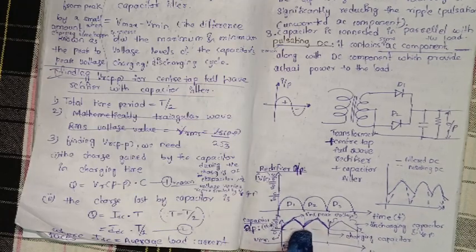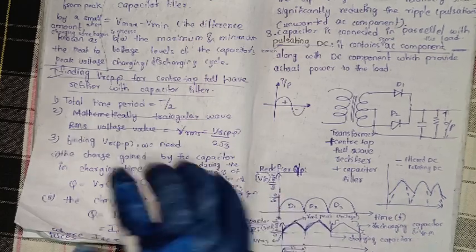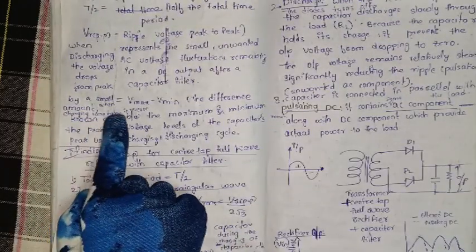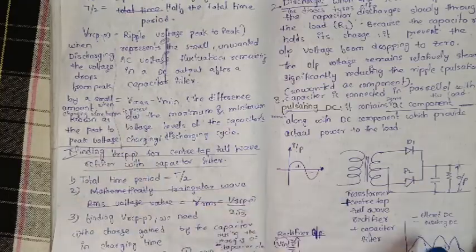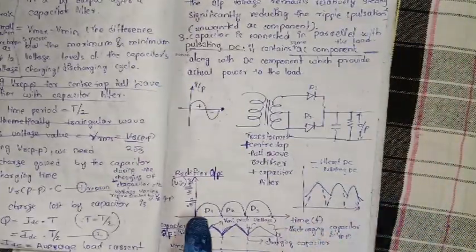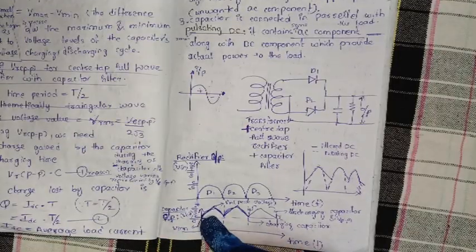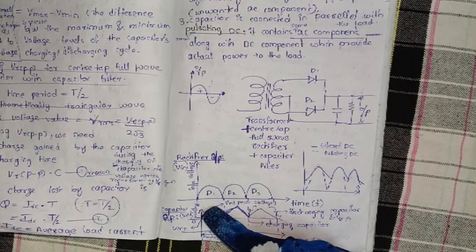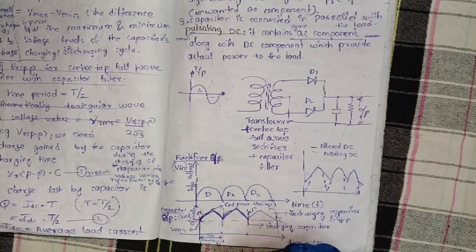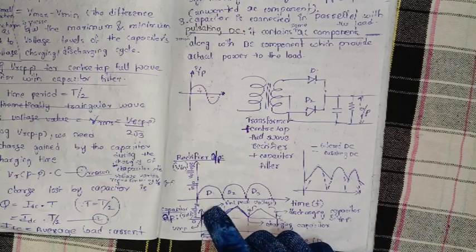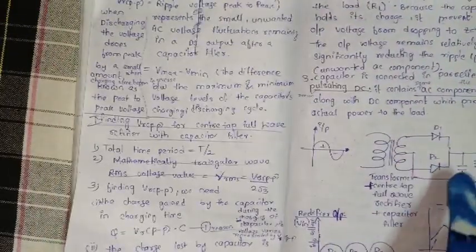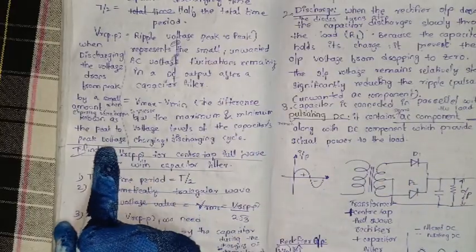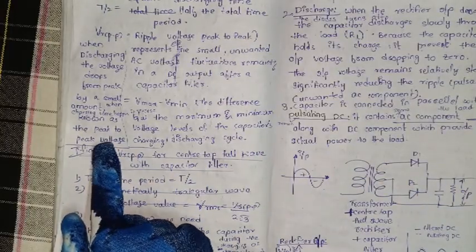This is the small amount. And when charging, the same happens in reverse. Here, when charging, the voltage increases by a small amount, from here to here. This is known as the peak to peak voltage or ripple voltage peak to peak.